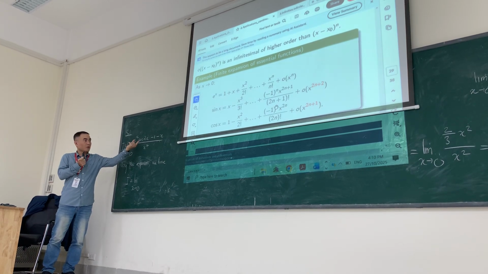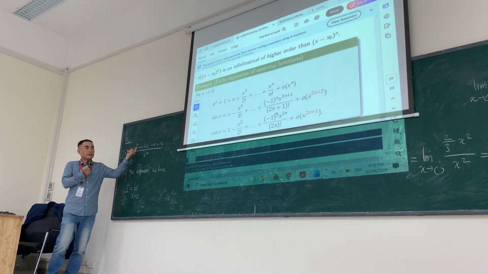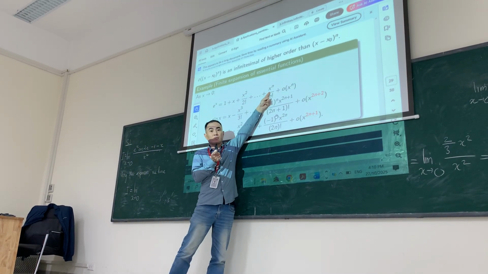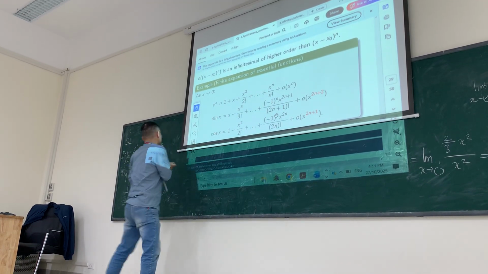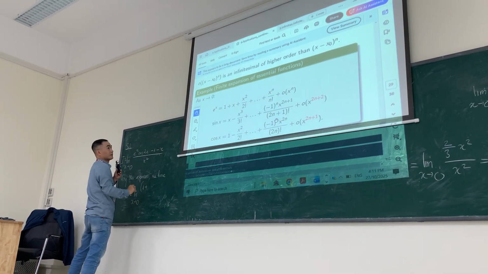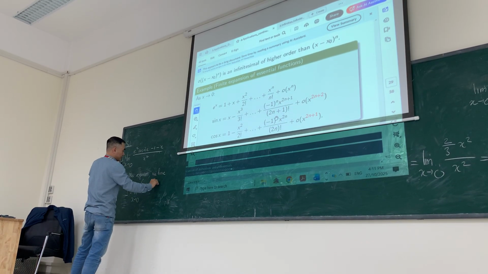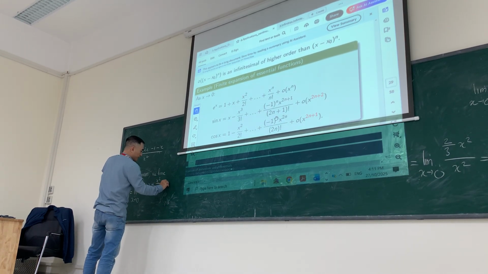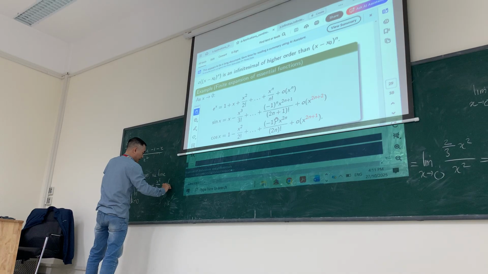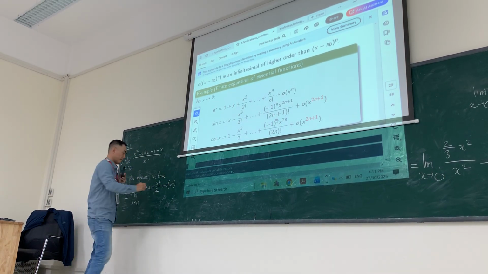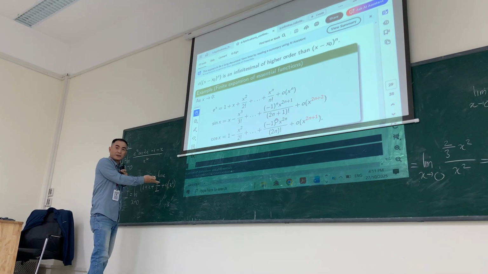So, in this formula, we take n equal to 2: e to the x equals 1 plus x plus x squared over 2 plus an infinitesimal of higher order than x squared. We can denote this by o1.